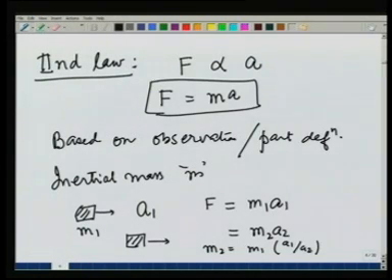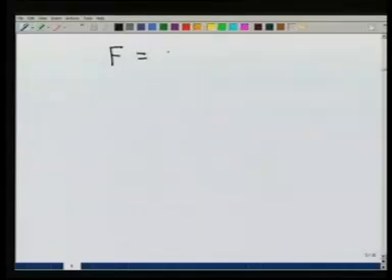This becomes the operational definition of inertial mass. So, this is part definition. Then it also tells us, given a mass, I can also measure the force in newtons as m times a. Mind you, this is an operational definition. I cannot always use it though, because suppose I am pushing a wall, the wall does not accelerate. So, I cannot really determine its mass by measuring the acceleration when I am pushing it.